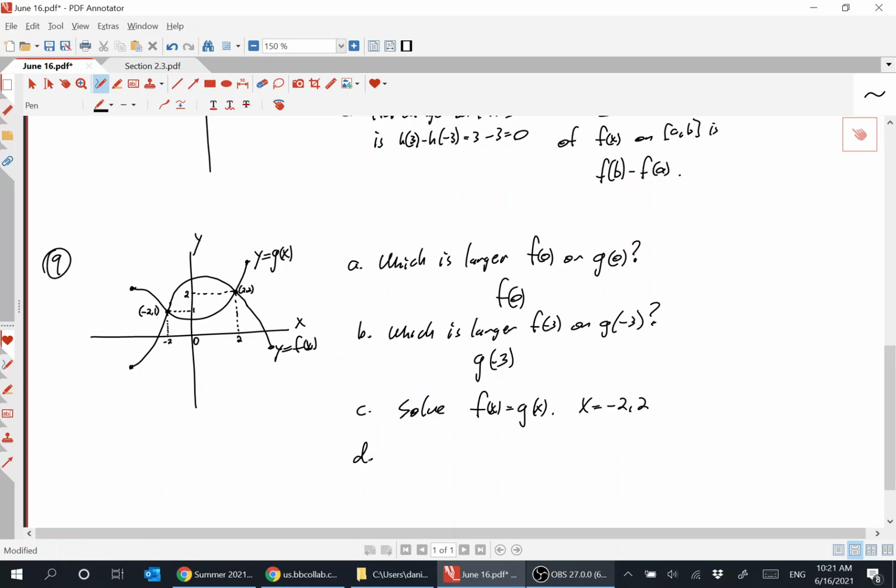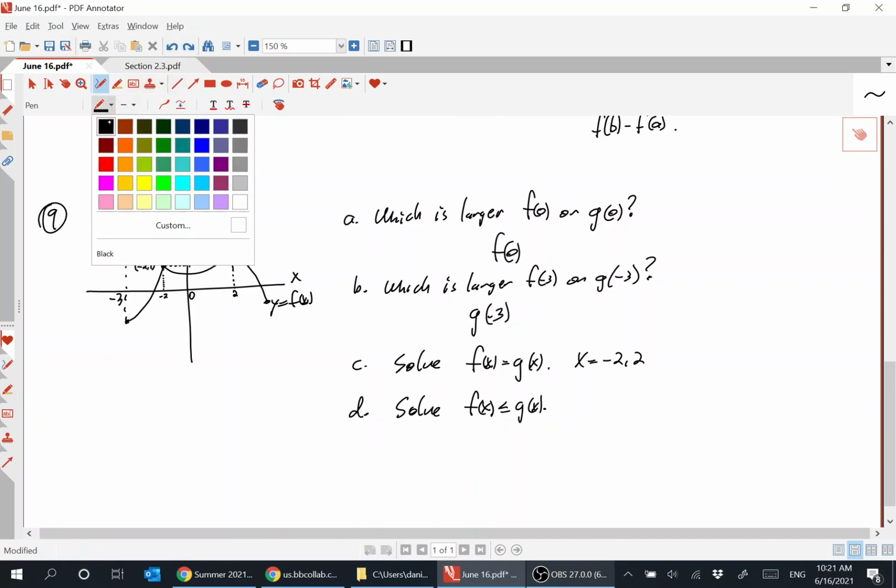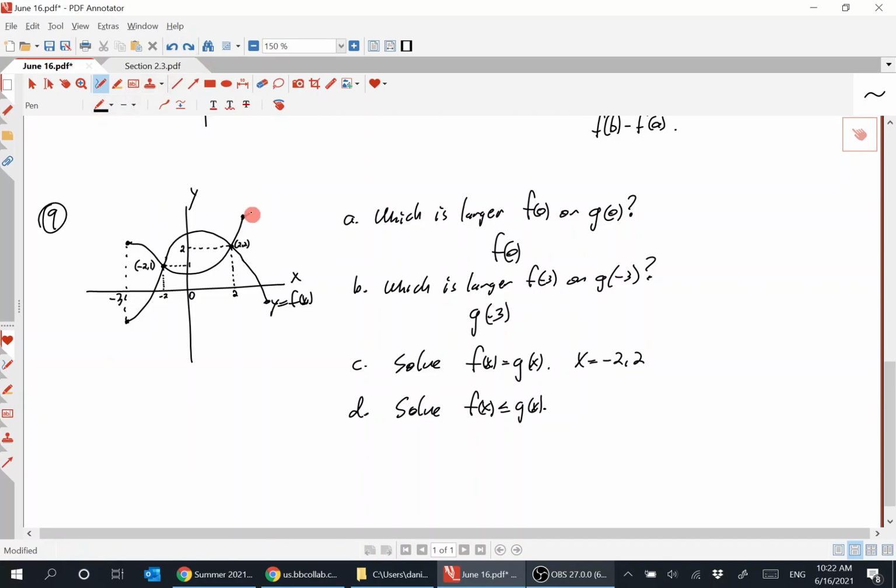D, f of x less than or equal to g of x. Well, that's between -2 and 2, where f is less than g. So this is -3 here, and I didn't draw this well.